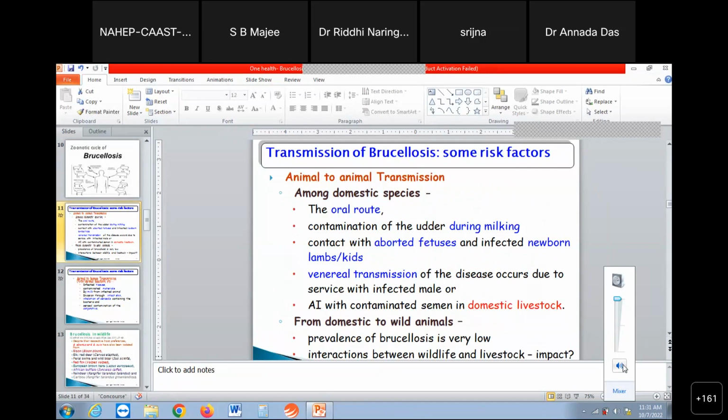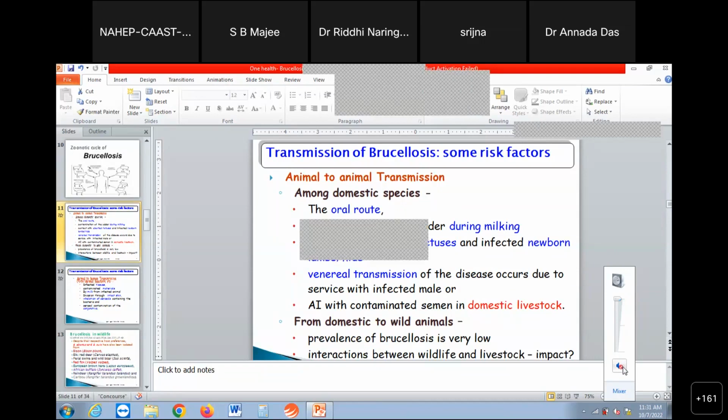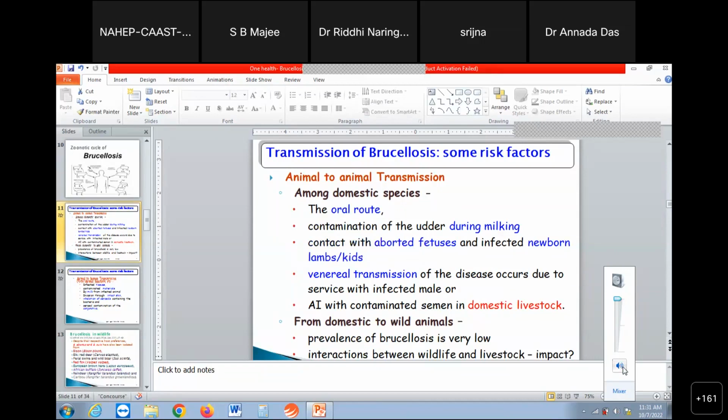So we have seen those 4 niches earlier in cattle, sheep, goat, swine and dogs. So here we have animal to animal. Now how the organism remains within the niche is very complicated. Number one is through the oral route, because the aborted contents or the excreta of the infected animal can contaminate the bedding and the pastures, and that is how the organism can enter through the oral route.